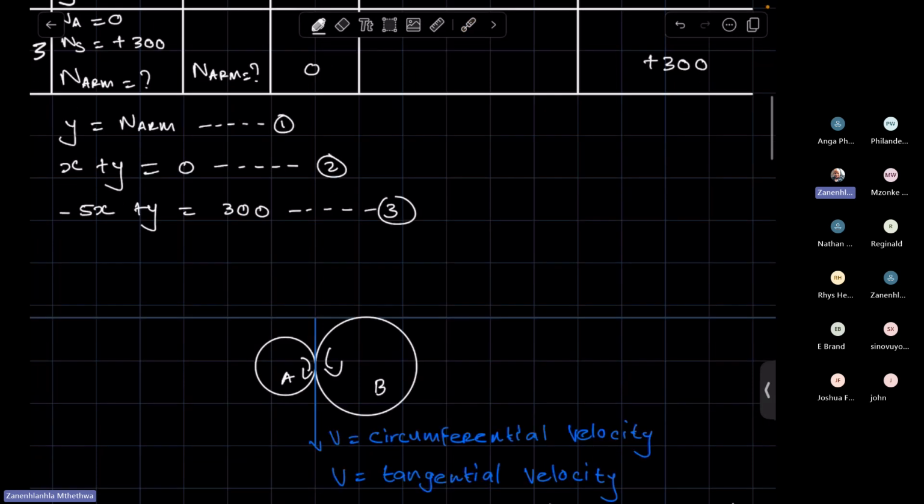So you take equation 2 and express x in terms of y. You transpose this to that side, and you're left with x is equal to negative y. This becomes your fourth equation. Now you take your fourth equation and substitute it into the third equation.